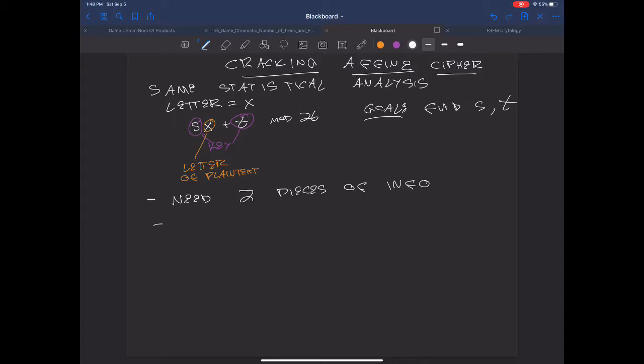So one technique for doing this is to find both the most frequent letter, that'd be E, and the least frequent.